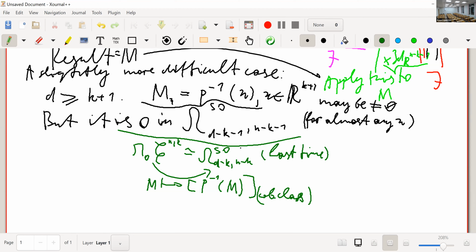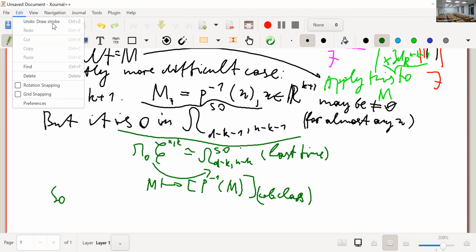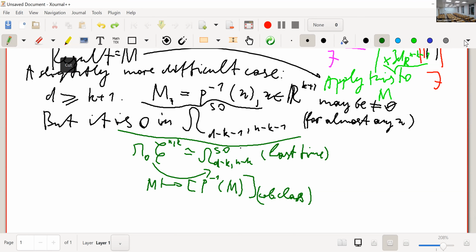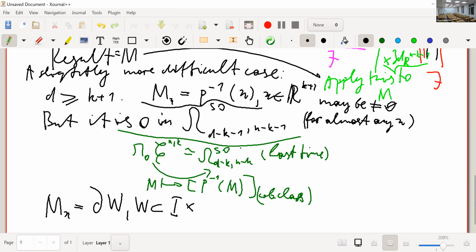Well, this means M bounds a Mx, down some W, W inside 0 cross R, N minus K minus 1.